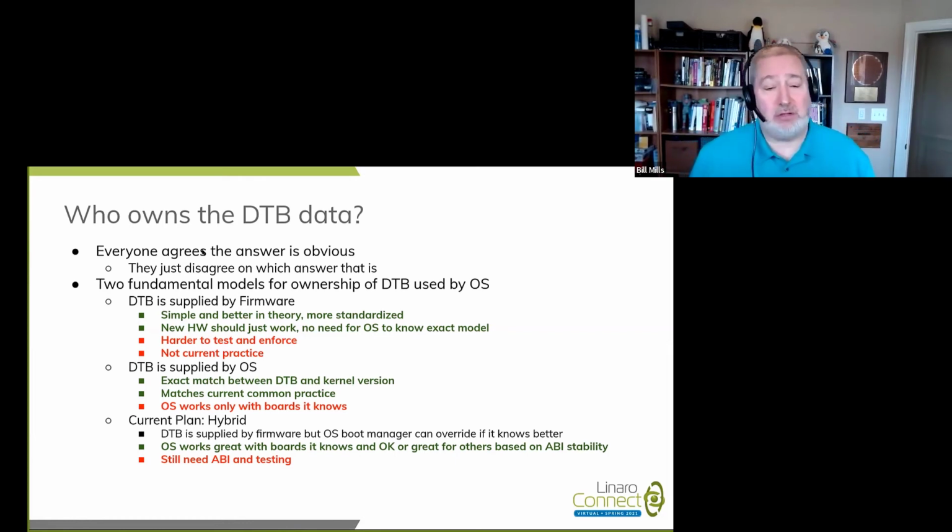So what we're trying to do is a hybrid model where the firmware always provides a DTB, and as time goes by, we will get better at making that work out of the box more often. But at the same time, the OS has the capability, when it knows the hardware and thinks it knows better, to override that DTB, and all the hooks to make that work properly are in the architecture.